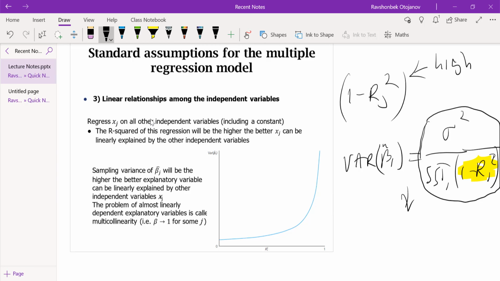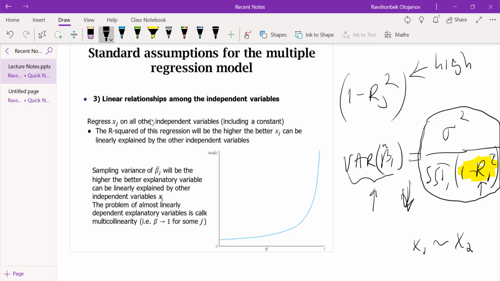So if r1 squared is small, in other words, x1 is not related linearly to x2, then 1 minus a small value will be a high value, and a high value times SST gives a high product. Then a small value divided by a high outcome will give us a small variance. Our intention is to get the smallest possible variance.